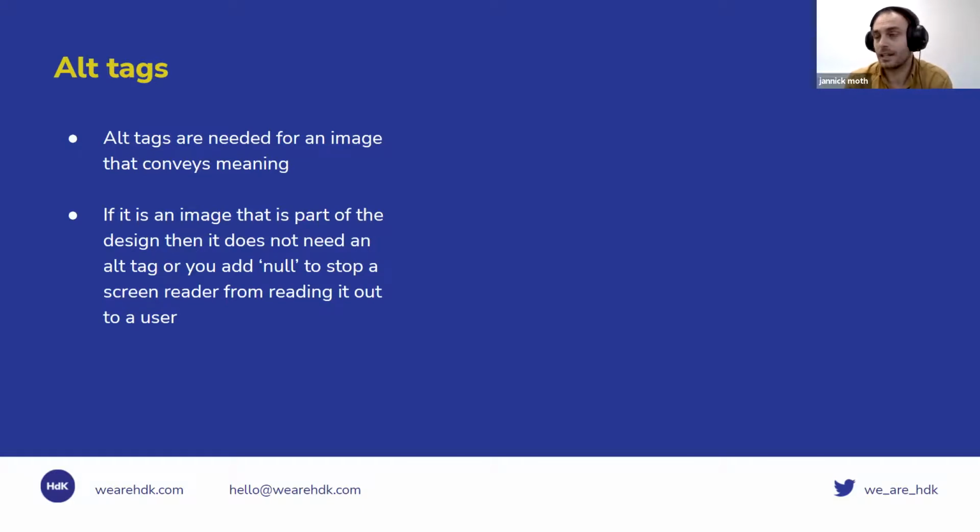So this is either if the image doesn't load for whatever reason, that there's a stop in the internet, or you're on a low data plan, as Ben was saying, or you've switched off images, or you have a visual impairment and you're not using the image. You're using a screen reader, for example. So alt tags are needed for an image that conveys meaning. So I'll go through an example, but just to say that if it's an image that's part of a design, it doesn't necessarily need an alt tag.